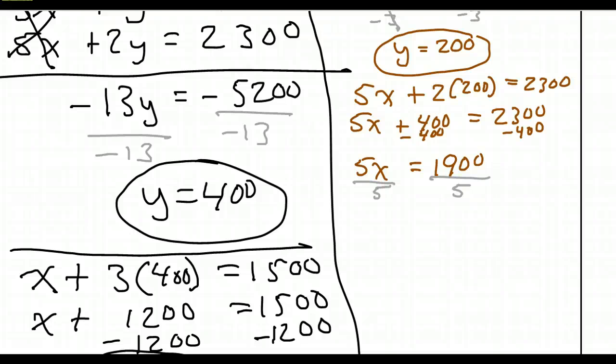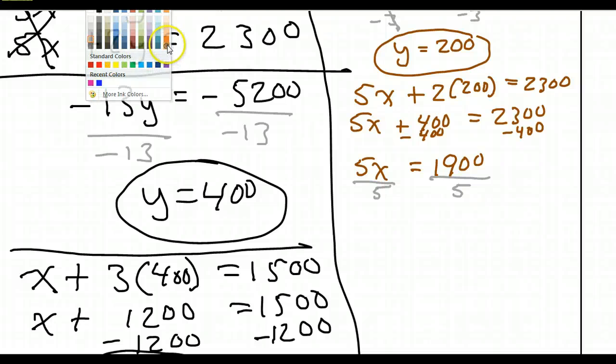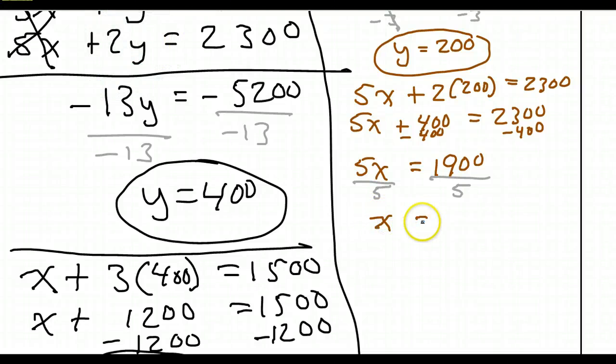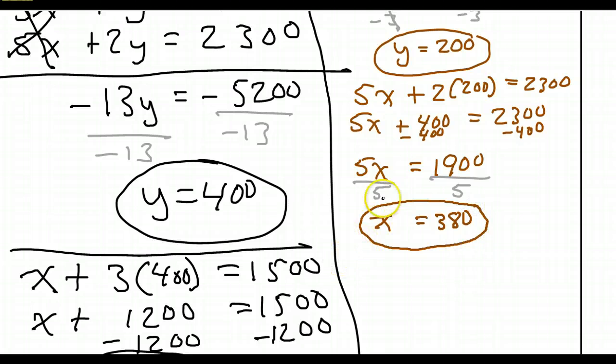And let's see what that gives me. Okay, that's going to give me x is equal to 380. Okay, so 380 comma 200.